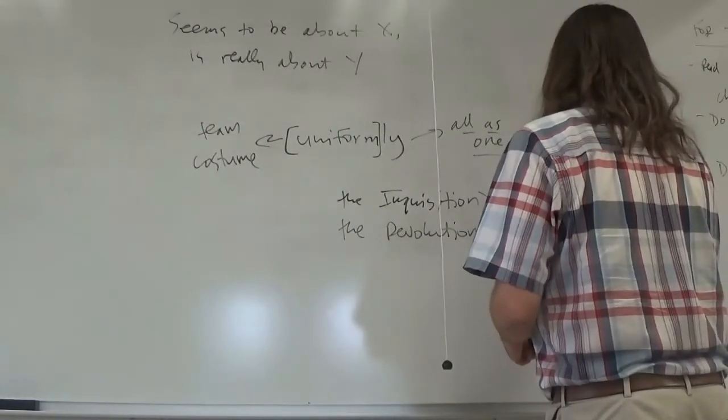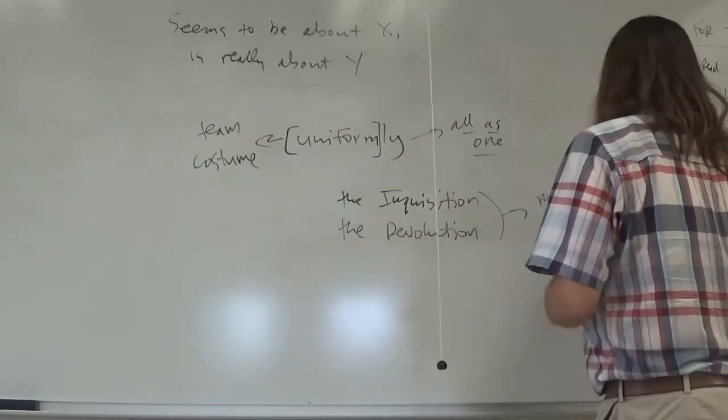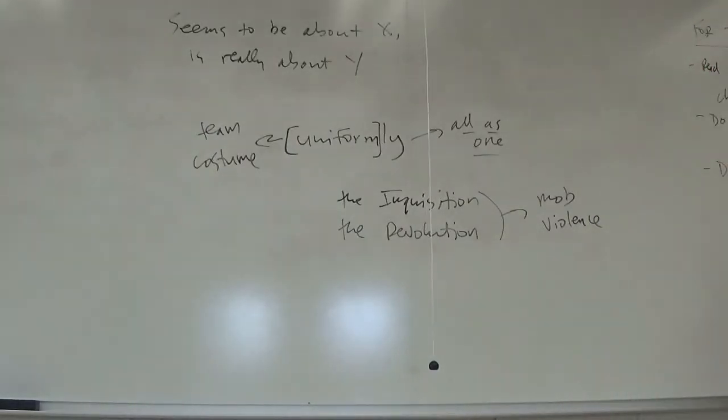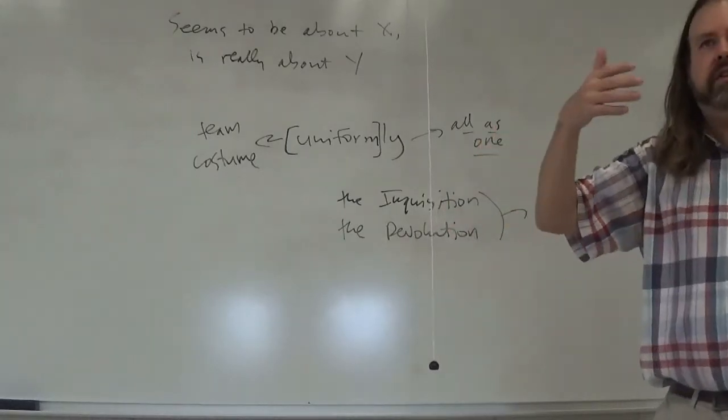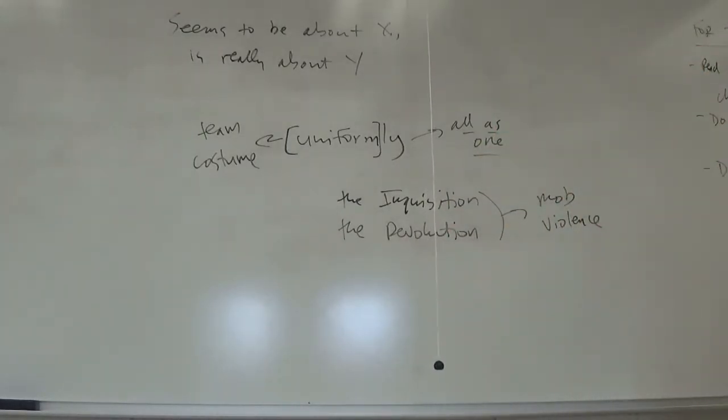So in any crowd, particularly when there is an outsider group that's chosen or focused on, there is potential for violence, whether in the case of the Spanish Inquisition, where the outsider group was Jews, or in the case of the French Revolution, where the outsider group was aristocrats, right? Rich people.